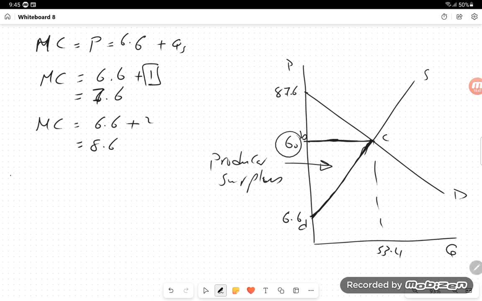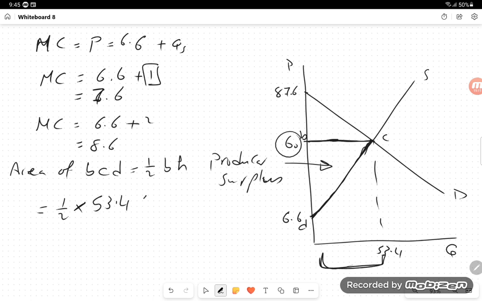It's calculated as half base times height, which is half, multiplied by the base, the equilibrium quantity, 53.4, multiplied by the height, which is the difference between the actual price, which is 60, and the minimum price, which is 6.6.